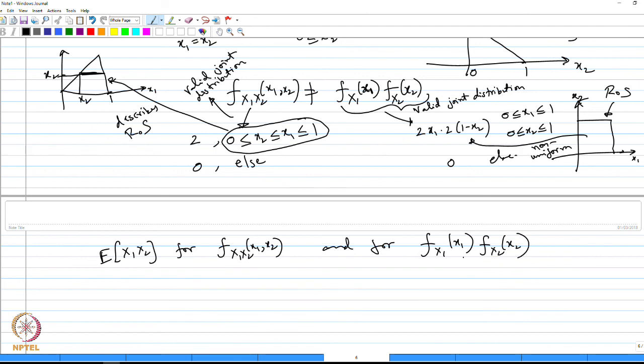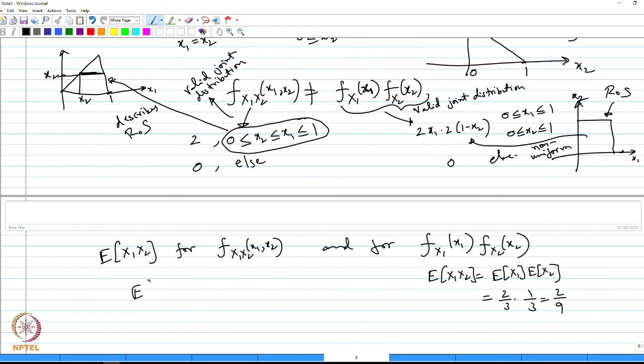For this distribution the expected value of x1, x2 will be the product of expected value of x1 into expected value of x2. You can check this. You will get 2 by 3 into 1 by 3, which will just be 2 by 9. For this guy it will not be the same, it will be something else.